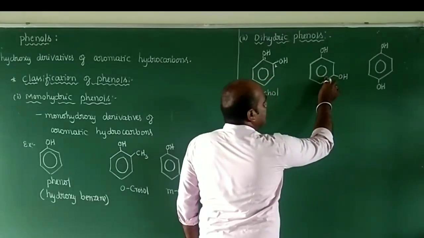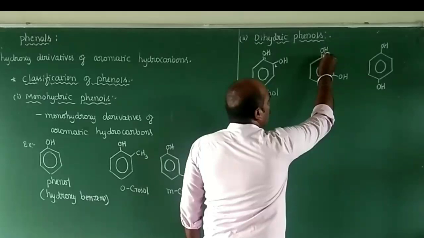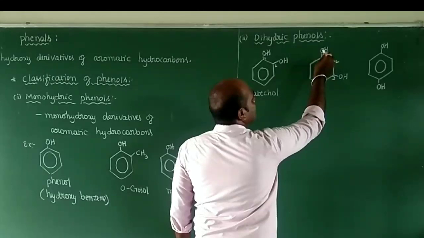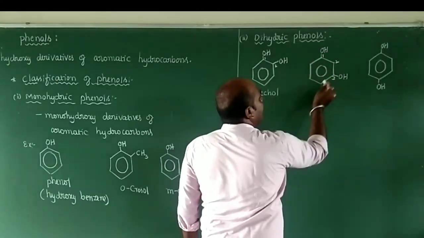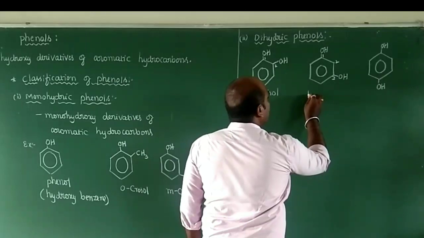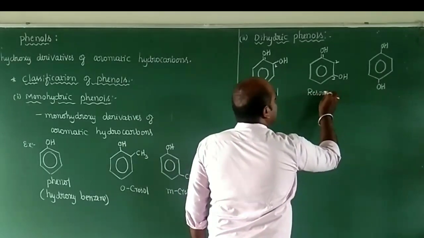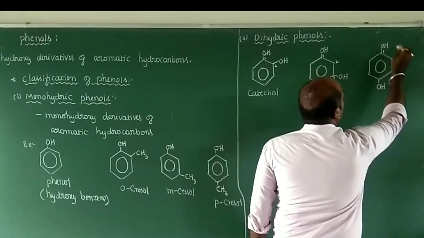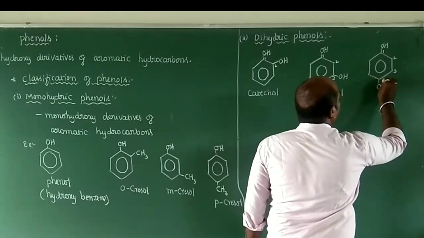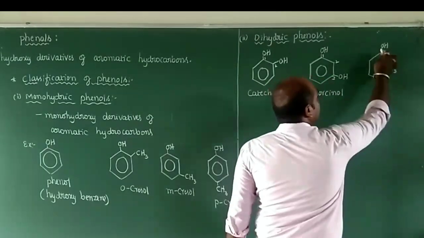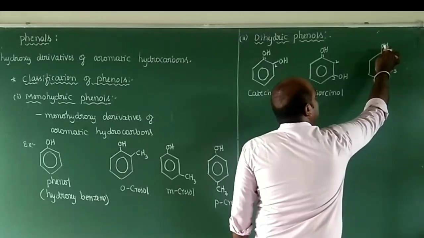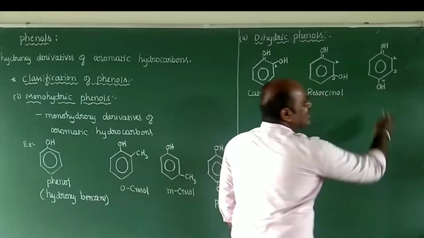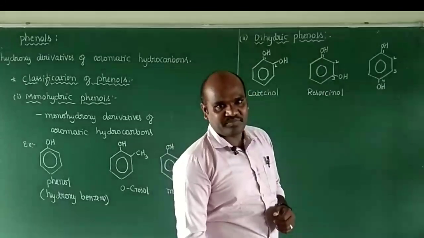In the second example, the hydroxy groups are present at the first and third positions. So in the IUPAC system we can call this 1,3-dihydroxybenzene, and its common name is resorcinol. In the third example, the hydroxy groups are present at the first and fourth positions. So this is 1,4-dihydroxybenzene. You can notice it resembles quinone.